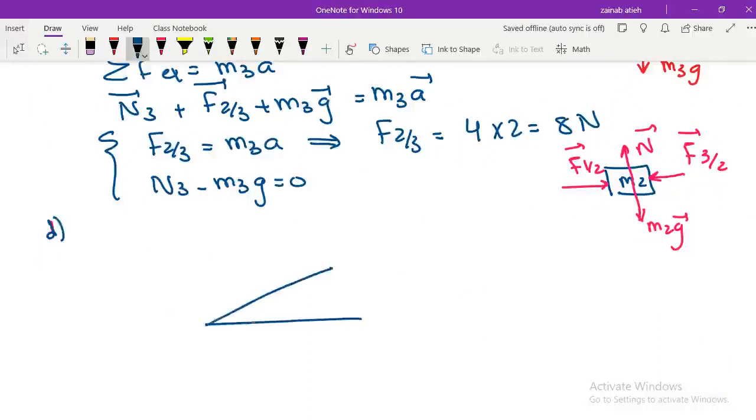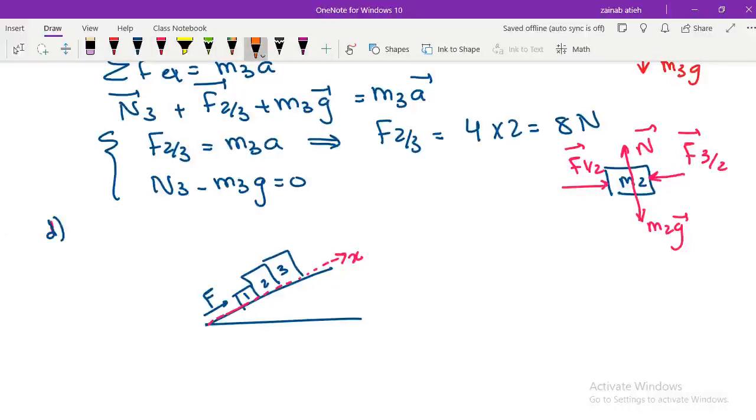I will draw the inclined plane. This is M1, this is M2, and this is M3, and I'm pushing with a force F upward. So I will take the x-axis along the motion, and for sure the y-axis is perpendicular to the x-axis. Remember that I'm going to search for the acceleration, so I'm going to take the system as a whole.